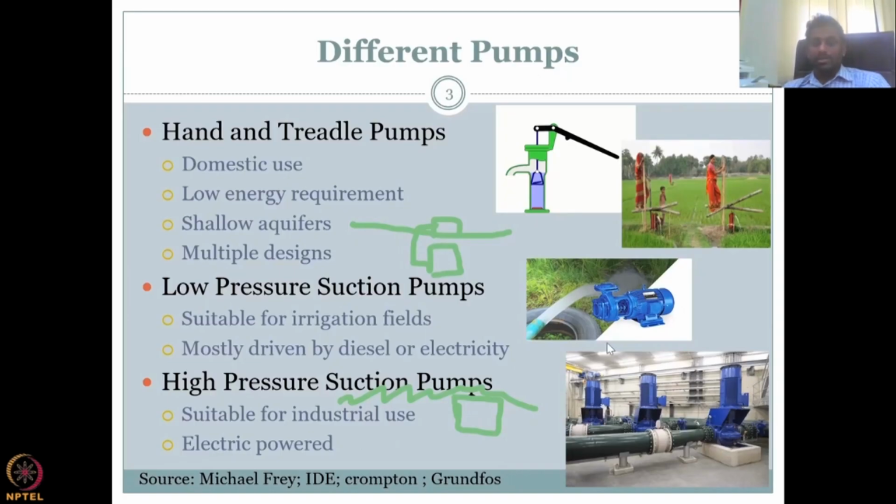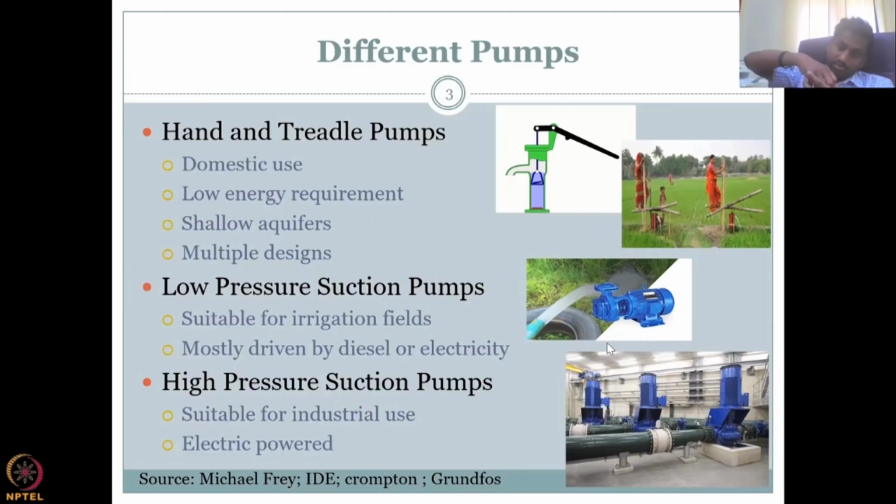Okay. The next pump, if we move on, is the high pressure suction pumps. So these are high pressure. It has built a pressure, and that pressure sucks the water out. Okay. And it is suitable for industrial use, mostly electric power. It is very suitable for industrial use, where they use mega water budgets compared to your agriculture and your domestic use.